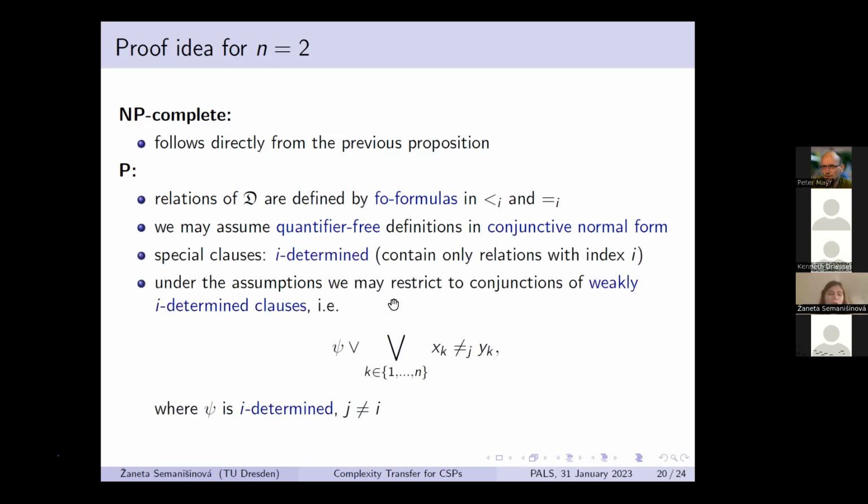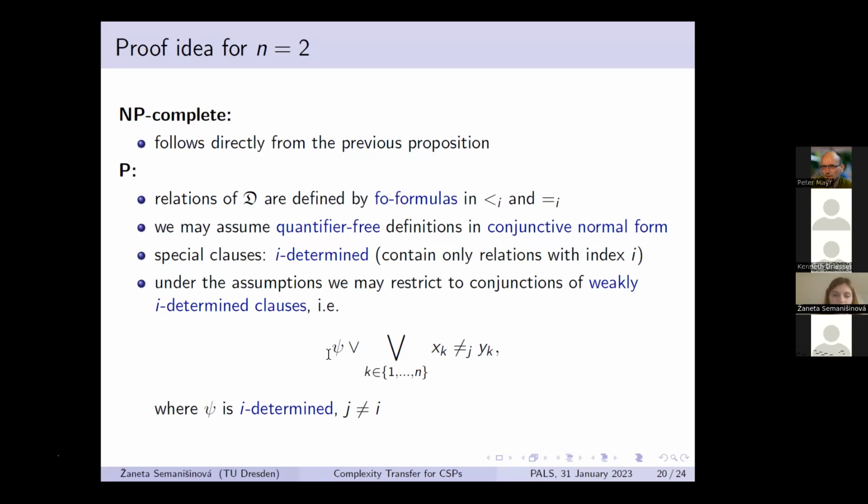And there are special clauses that behave nicely. We call them i-determined. That's just clauses that contain just relations with one index i, and they don't mix them up. This is not something that we could always hope for, but under the assumptions under which we want to prove tractability, we may restrict to conjunctions of something that we call weakly i-determined clauses.